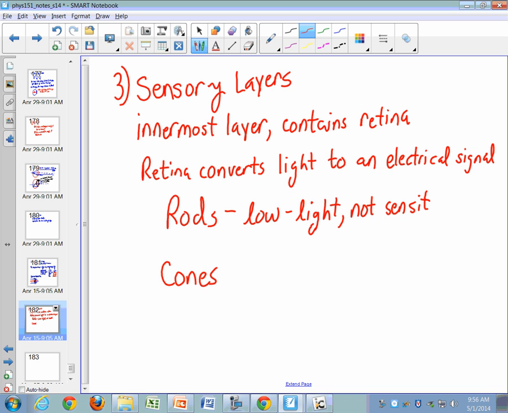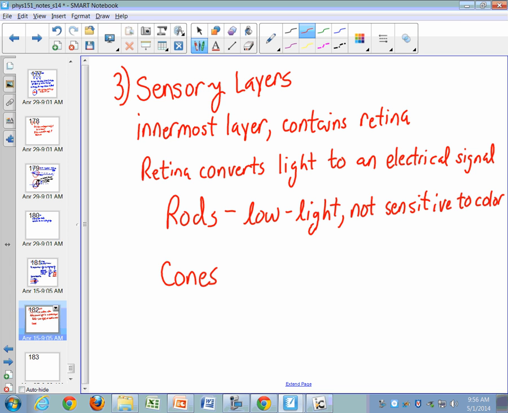And that's why in the evening, like at dusk, things don't look like they really have color, right? Just before the sun goes down, you look at trees or whatever, they don't look green and brown. They just sort of look gray or black. It's because these rods are being activated, and so you can't really detect the colors.